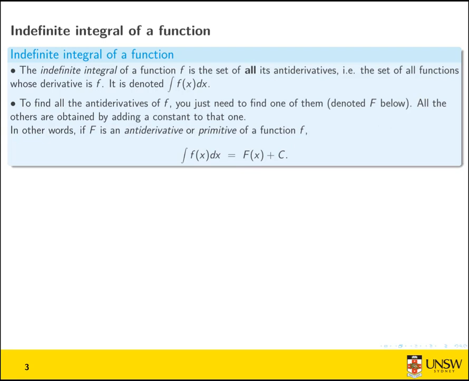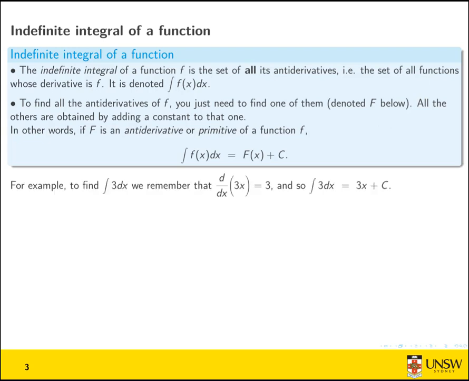Once you have this one, you can get all the others by adding a constant to that one. Using symbols, that means the set of all antiderivatives of f is obtained by finding one particular antiderivative, meaning one function whose derivative is little f, and then adding a plus c.